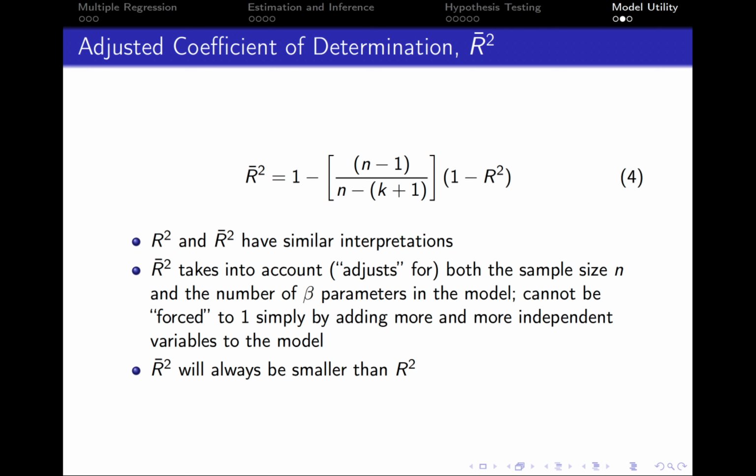And therefore, this coefficient cannot be forced to 1 simply by adding more and more independent variables to the model. So actually, this coefficient sort of punishes you for adding more variables, and it appreciates when you increase the sample size. Therefore, the adjusted coefficient of determination will always be smaller than the traditional coefficient of determination.